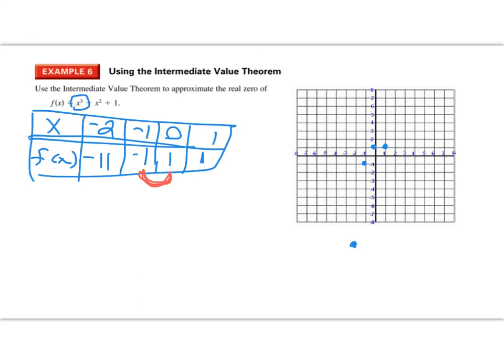Because it's odd, that means it's going to go from down here and it's going to cruise up, and I'm going to go through the x-axis, and then I need to go up again because that's my end behavior. So intermediate value just tells you that you have a 0 somewhere along there.